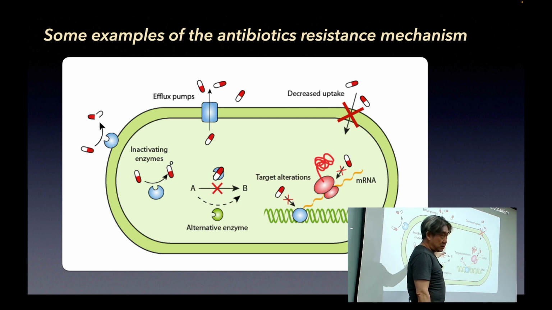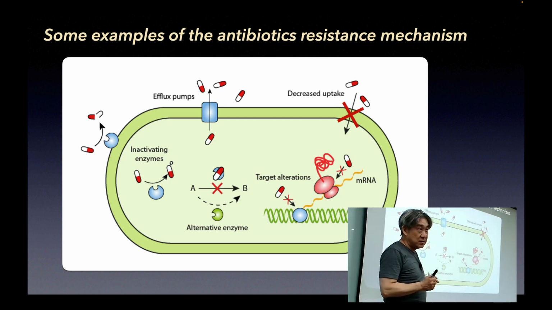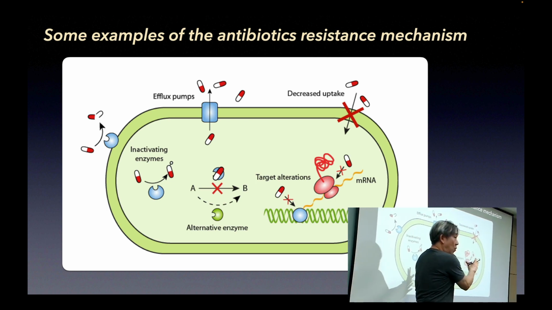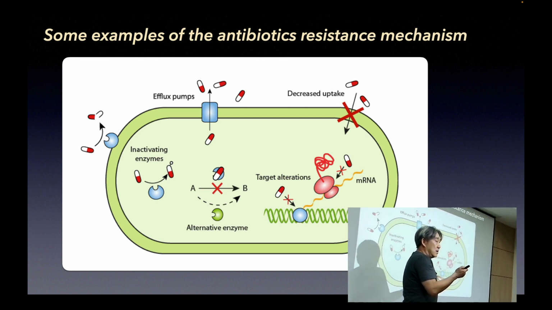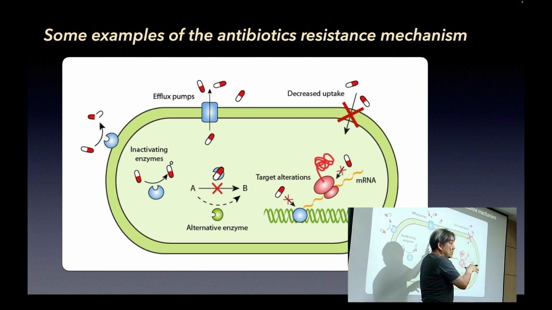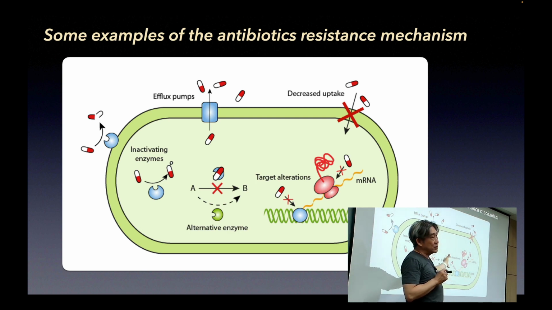Okay, got confused? So many different occasions. So do I have to memorize all these different occasions? No, of course not. What's the point of this diagram that I am trying to show? What's the common scenario here? You have some specific way of inhibiting a particular process of metabolism of the bacteria. That's how the antibiotics work.